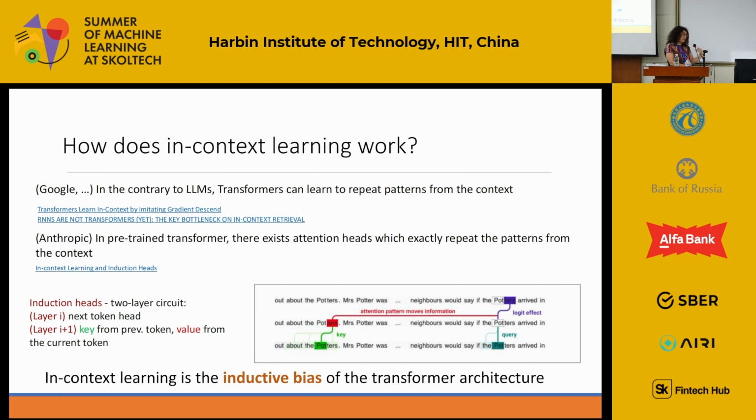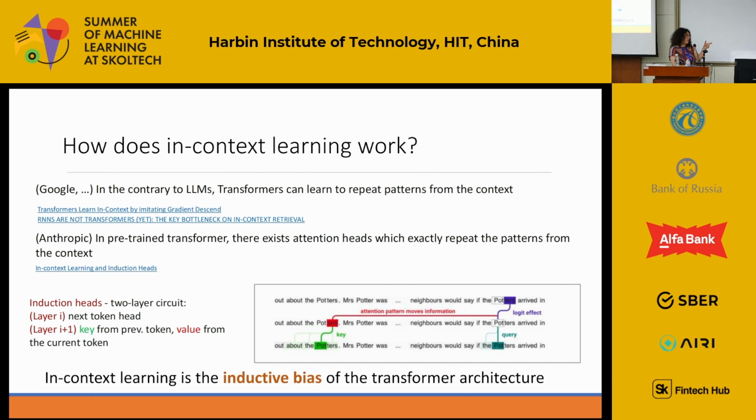So the main property of the transformer, which makes it a good architecture for LLMs, is supposedly its ability to extract patterns not only from pre-training data, but also from the context. And we may call this the inductive bias of the transformer models. You know that inductive bias means the a priori property of the algorithm which makes it suitable for some kind of data.